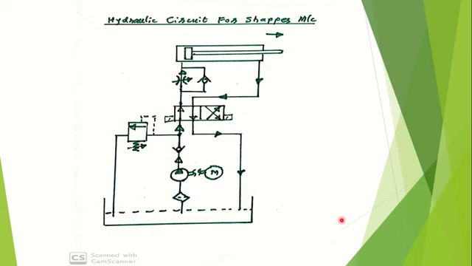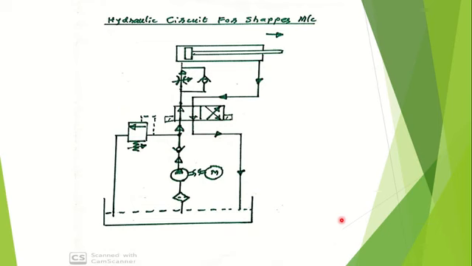Number 1, it has a forward stroke and a return stroke. Since it has forward stroke and return stroke, it does not require an intermediate stroke, and hence a direction control valve is to be selected which has two positions, that is forward position and reverse position.